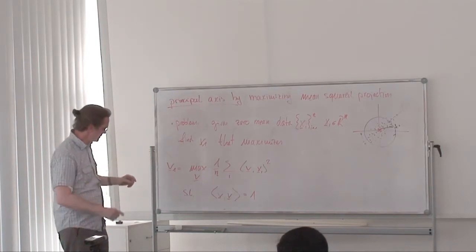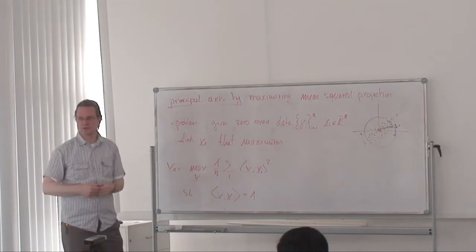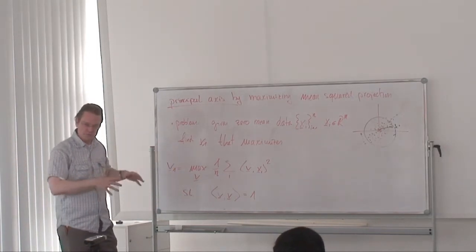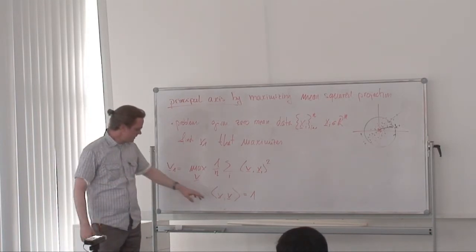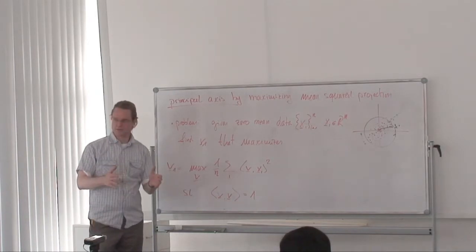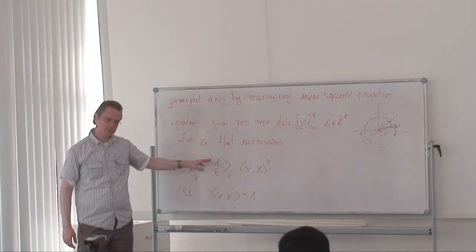Under the constraint, so that would be easy if these vectors are infinitely large. So in order for this to be practically, feasibly solvable, we constrain our solution to be a unit vector. We are looking at a maximization problem that is constrained.